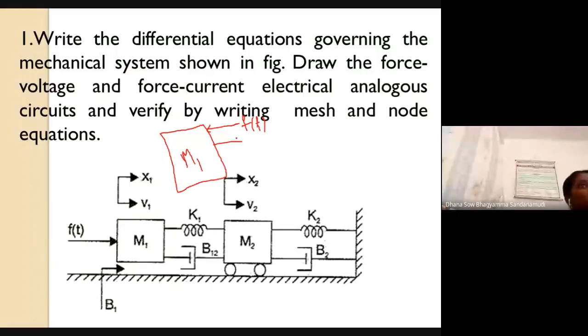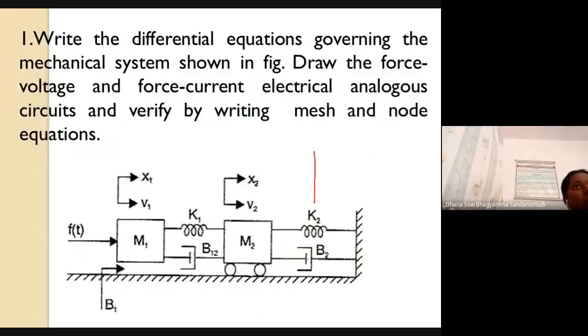What are all the opposing forces? What is the displacement here? Displacement is x1, velocity is v1. Shall I erase and draw somewhere here? I am drawing over it, and you may get confused because of that, so I am writing here.